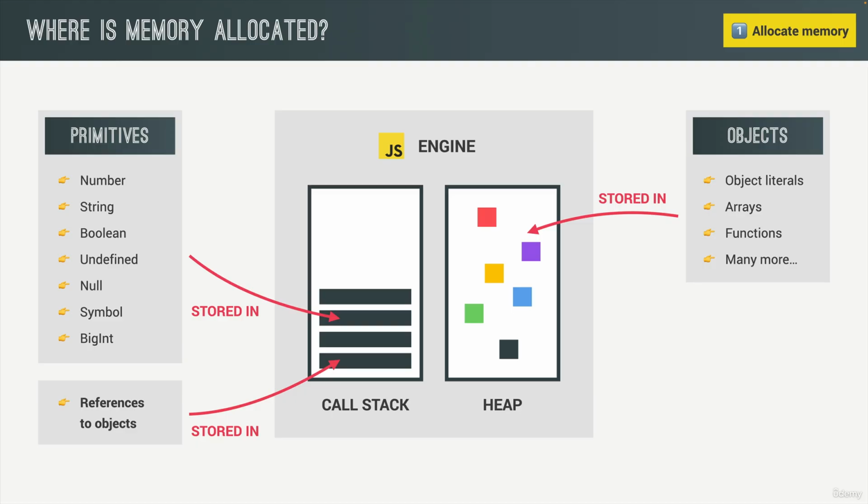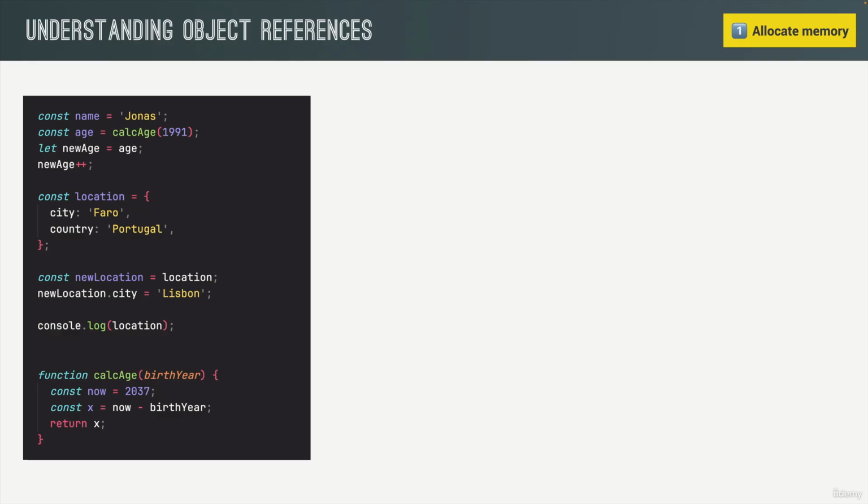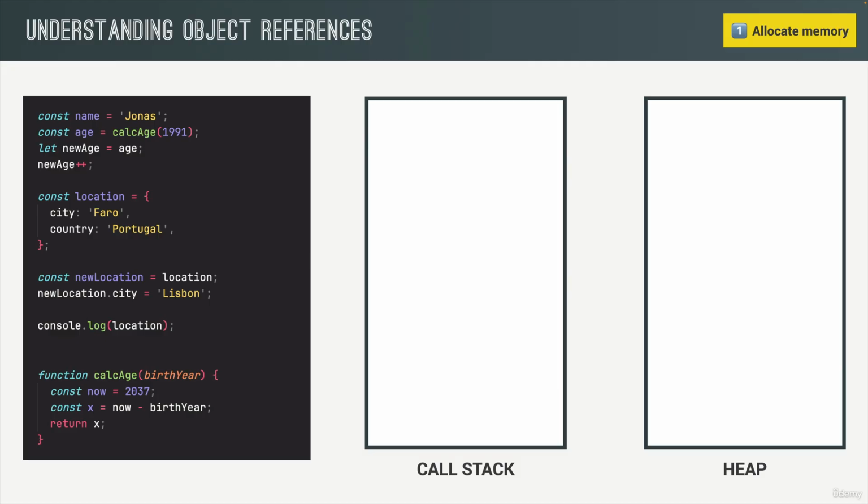Well, let's find out, because references to objects are one of the most important things that you need to understand from this video, and I would actually say the most important thing. So, here we have a piece of code that we'll go through together and analyze exactly what's gonna happen in both the call stack and the heap as the code runs.